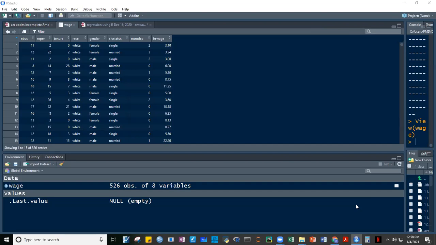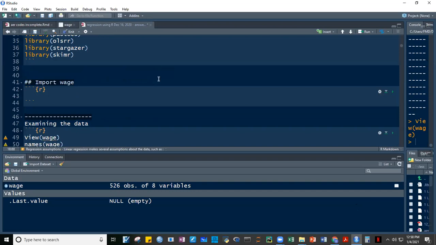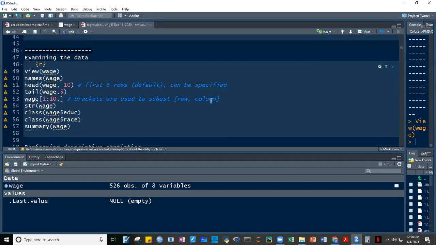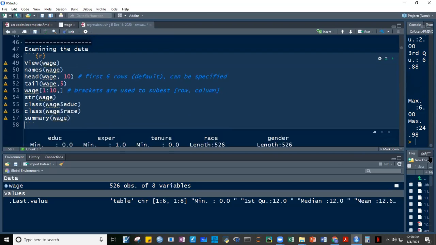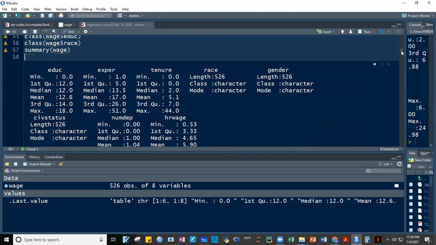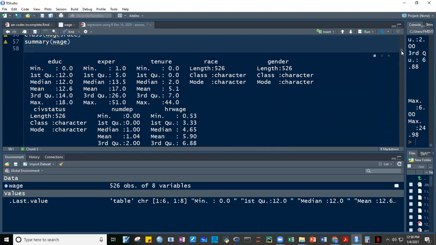Kunyari, dito sa race. Dito sa race natin, ano ba yung mga klase ng race natin? Why don't we, para mas makita natin, mag-summary tayo. Ito, para kita natin. Okay, yung summary ng wage. Ay, hindi pala summary.